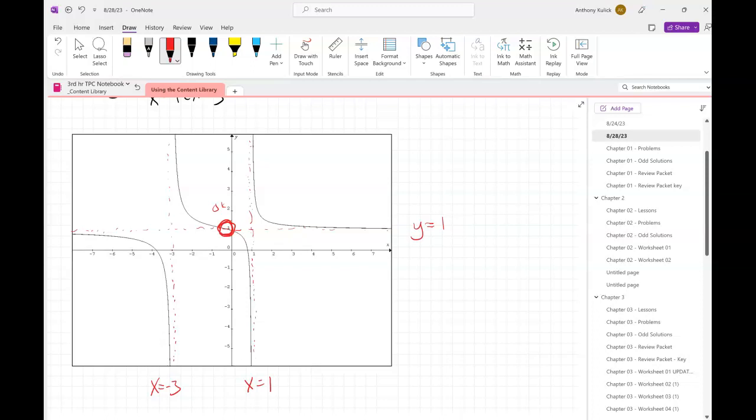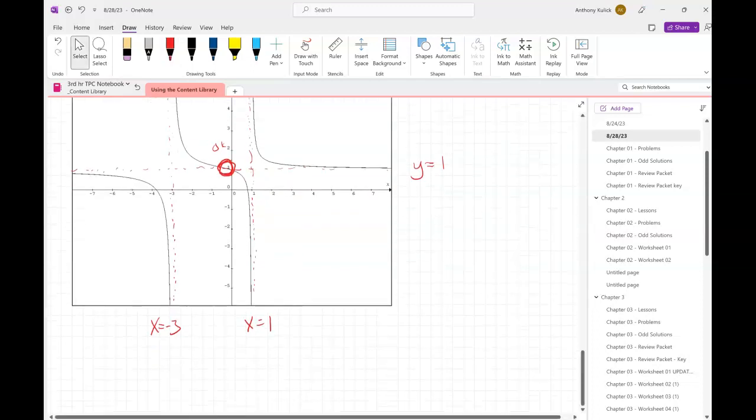Now, one of the things that I am going to ask you to do when identifying these asymptotes is I'm going to ask you to create a table of values to justify what we're seeing.